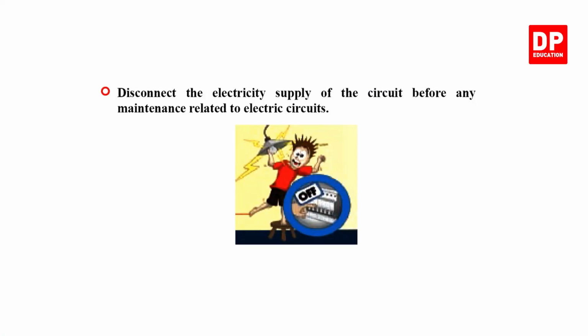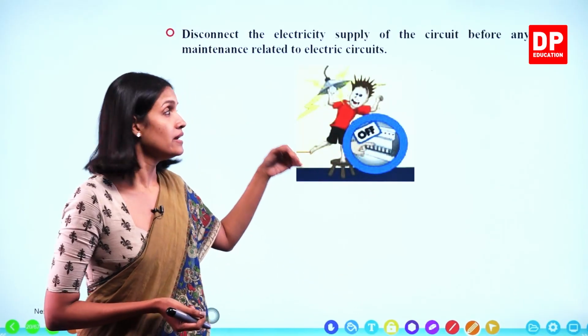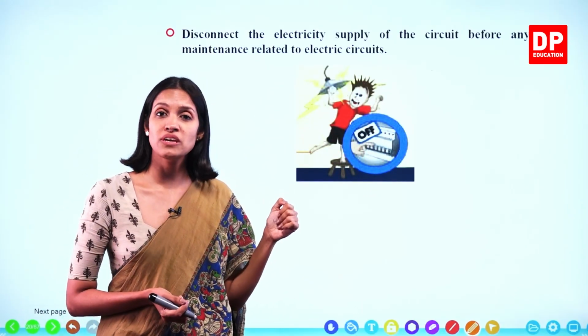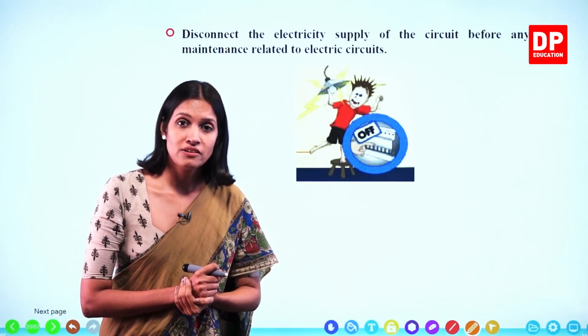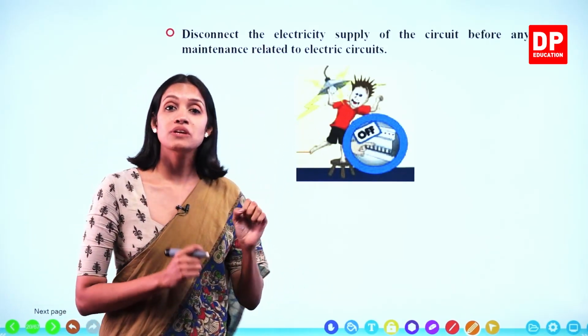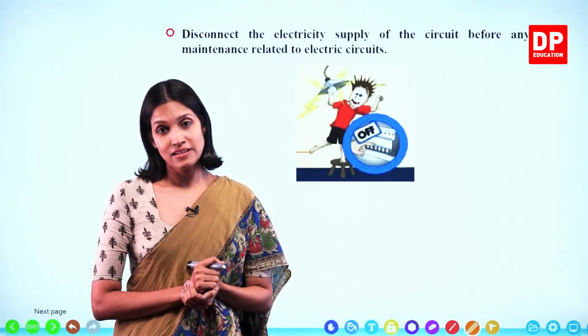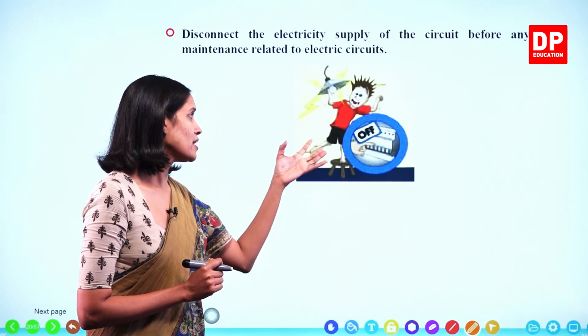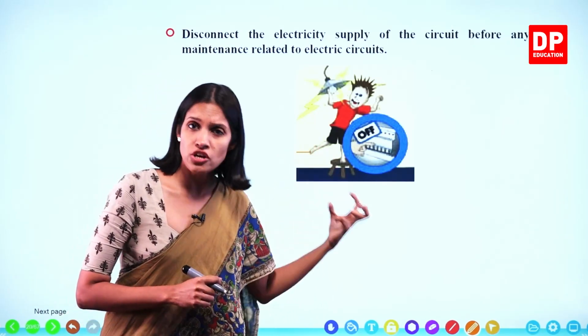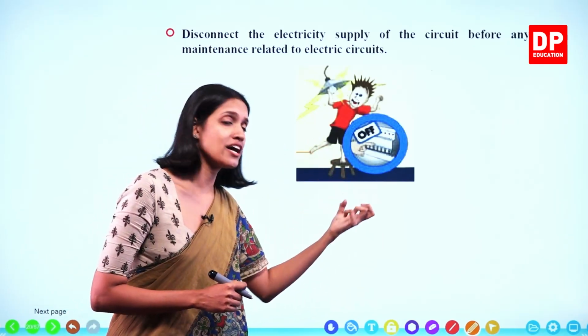Okay. Look at this, the next one. Disconnect the electricity supply of the circuit before any maintenance related to electric circuits. This is also very important. In day-to-day activities, sometimes we have to change bulbs, right? Whenever we change bulbs, we definitely have to switch off the light first. And sometimes we have to change the power sockets, or repair them.